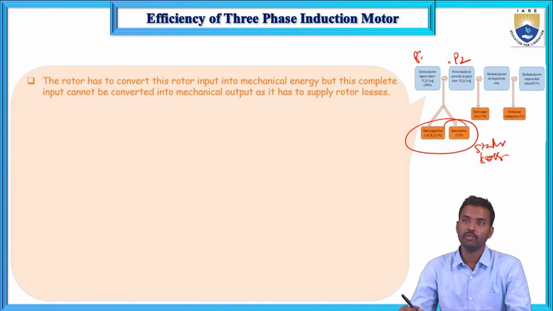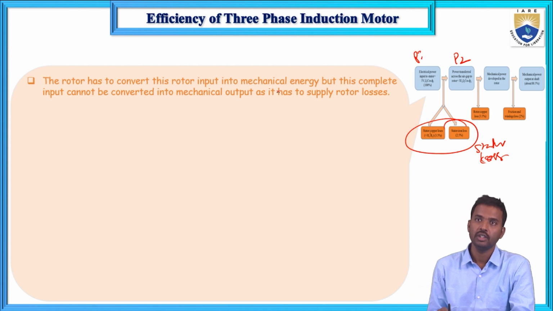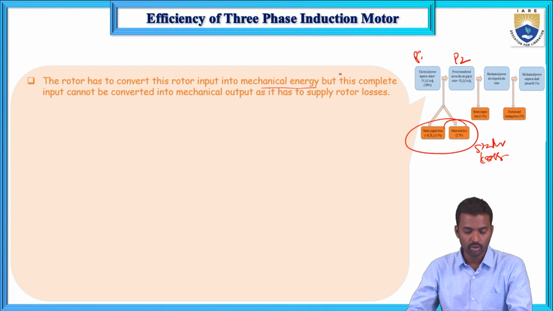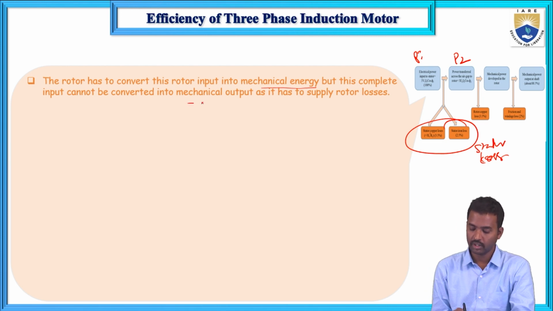That induced EMF sets up a current because of the closed circuit. That current sets up flux, and that flux and the RMF interact, and mechanical energy will be developed. So the rotor input is converted to mechanical energy, but this complete input cannot be converted into mechanical output.